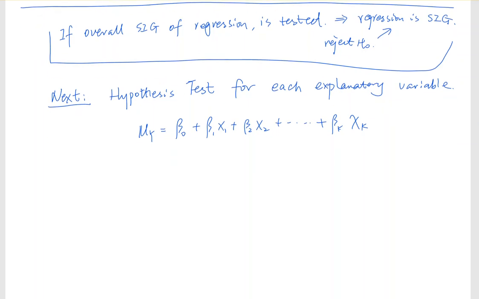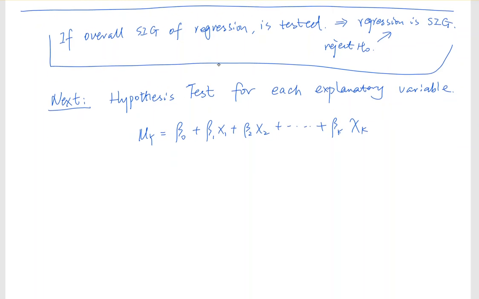Then based on the conclusion here, we say the overall regression is significant. Then I can test each explanatory variable, and generally we can test beta j, where j equals 1, 2 until k.